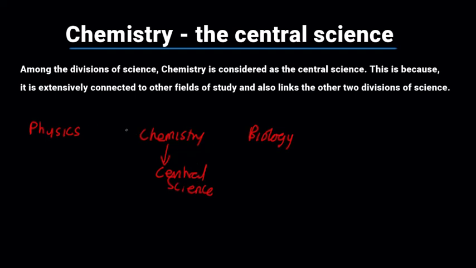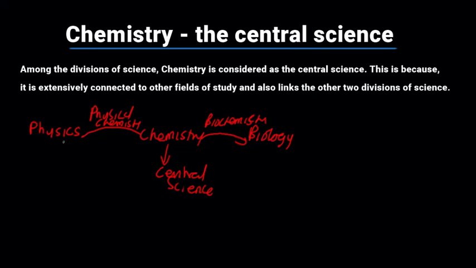The reason is that chemistry links these 2 other divisions of science. For example, chemistry relates to physics through physical chemistry, and chemistry relates to biology through biochemistry.